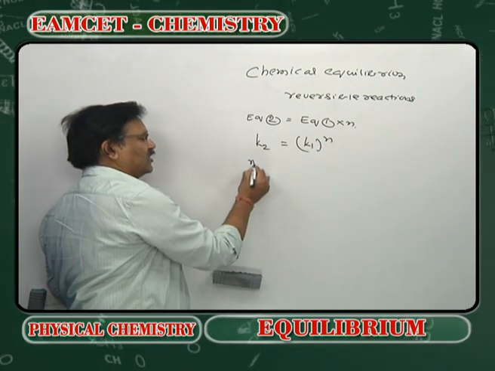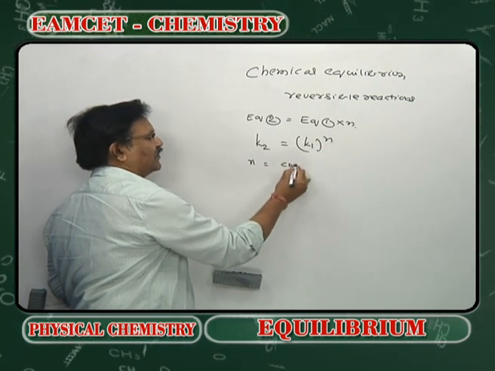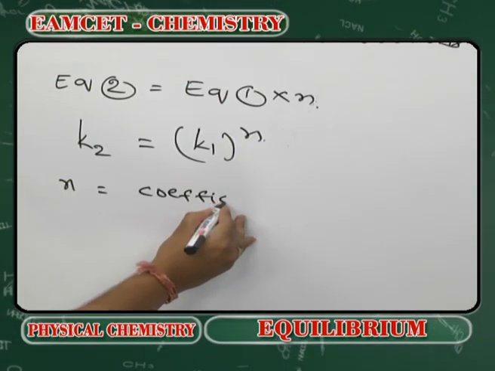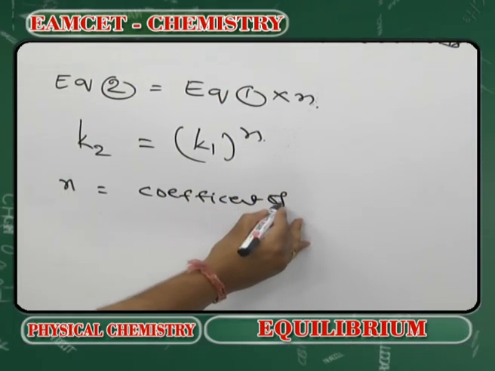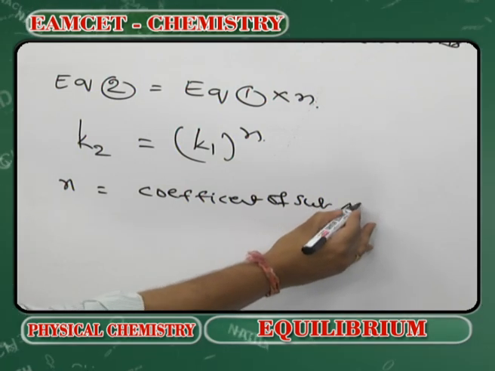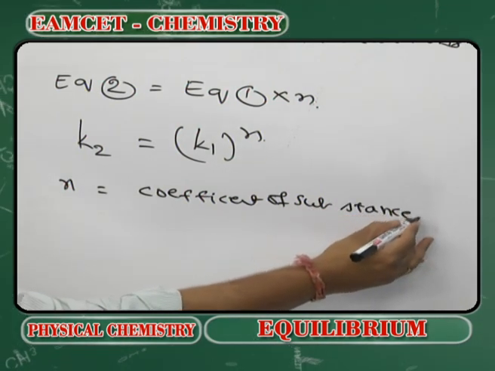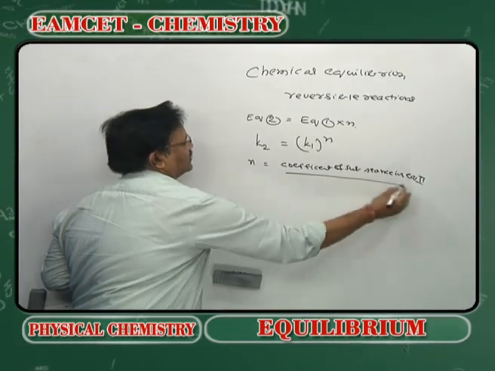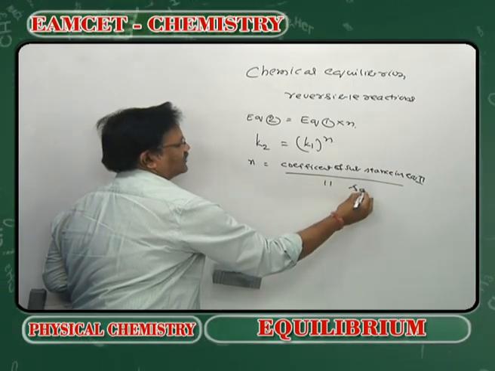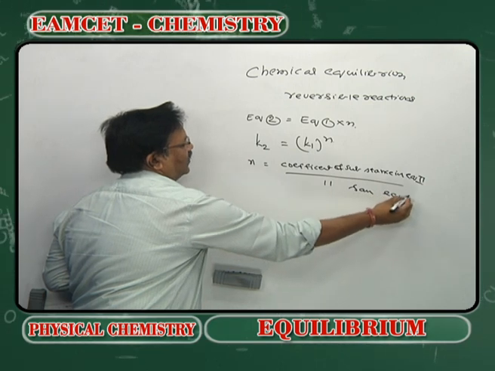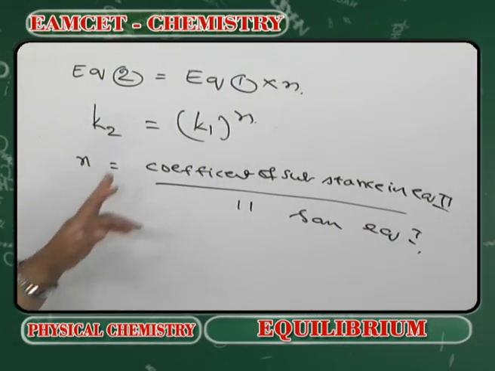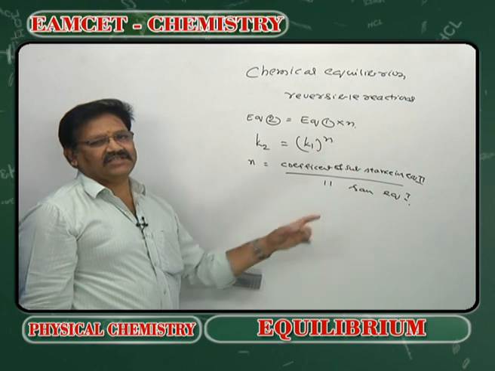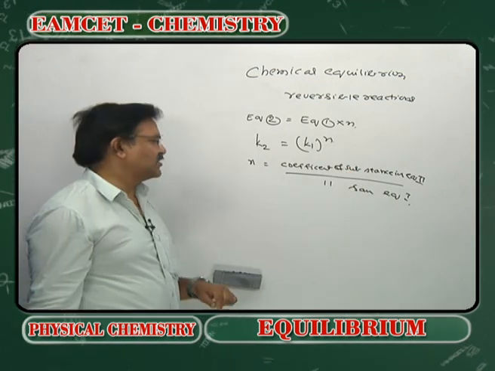What is n? n is equal to the coefficient of a substance in equation 2 divided by the coefficient of the same substance in equation 1. n takes negative values if the substance under consideration is on opposite sides.